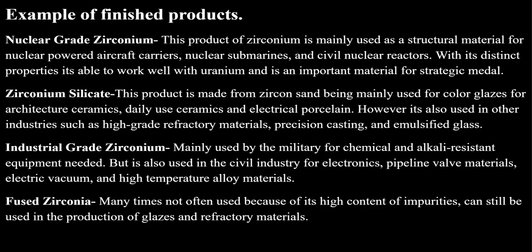This product of zirconium is mainly used as a structural material for nuclear-powered aircraft carriers, nuclear submarines, and civil nuclear reactors. With its distinct properties, it's able to work well with uranium and is an important material for strategic metal.